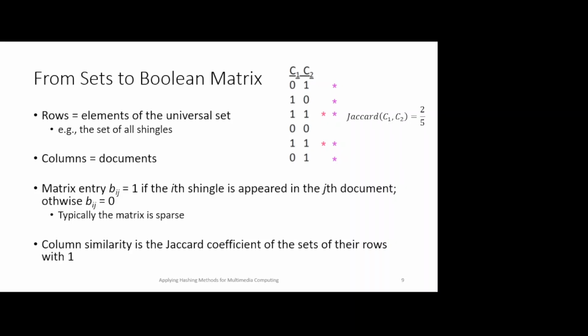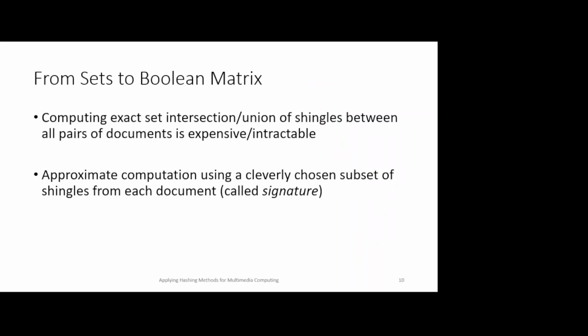You will have many shingles. Even if you compare only two documents, the number of shingles, which equals the number of rows, will be very large, maybe 10,000 or 100,000. So generating such a Boolean matrix, or computing the Jaccard coefficient this way, is inefficient.